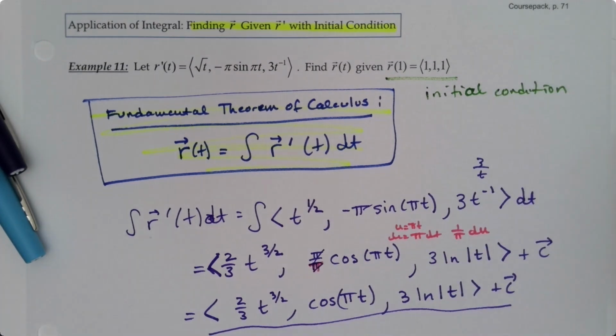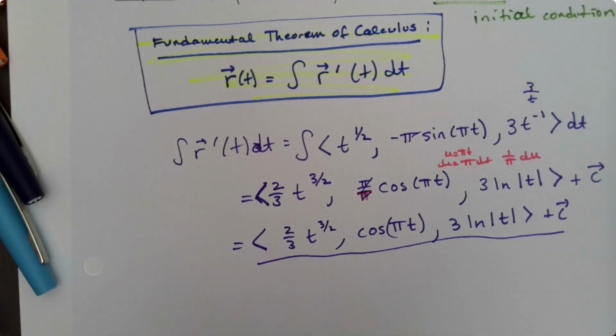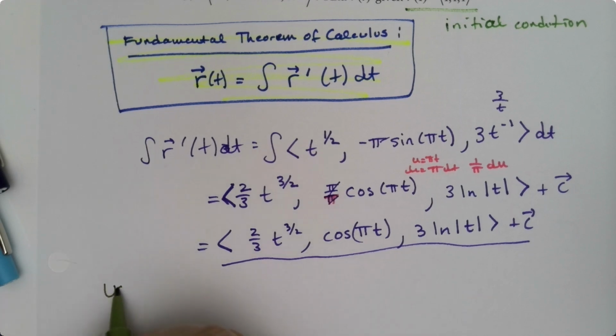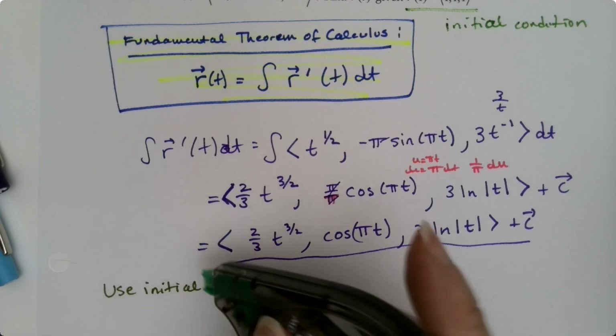They're telling us that, hey, when t is equal to 1, this is what your function value will be. So we're going to have to use the initial condition to solve for the c vector.